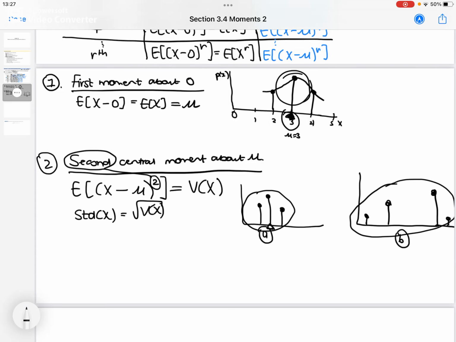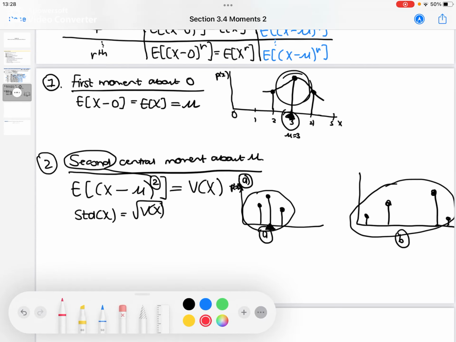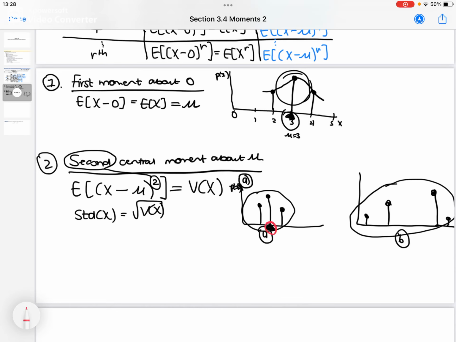Specifically, suppose that for this line graph we have the mean centered around this point here, then we could say that the possible values of x are not too far away from the center, or not too far away from mu.